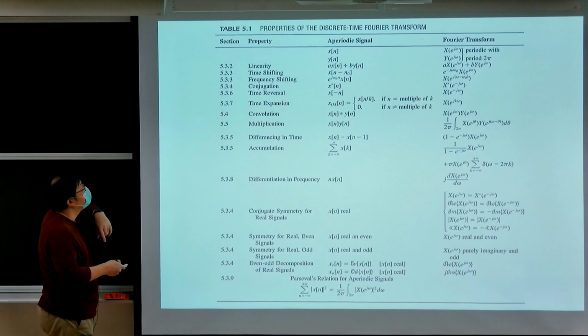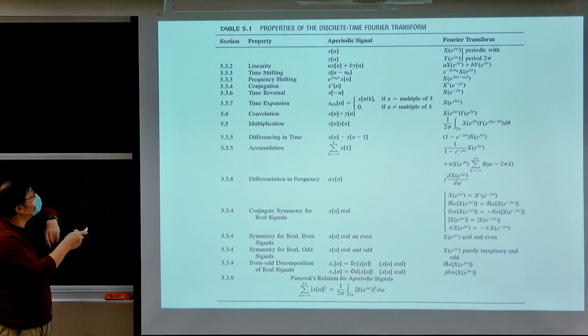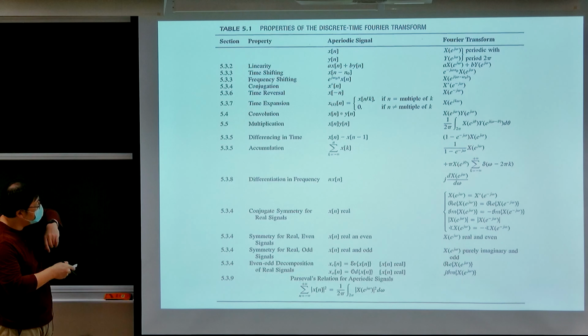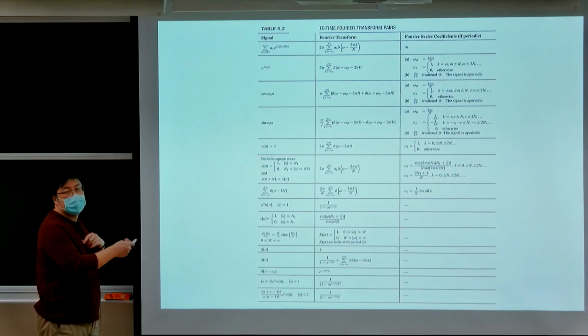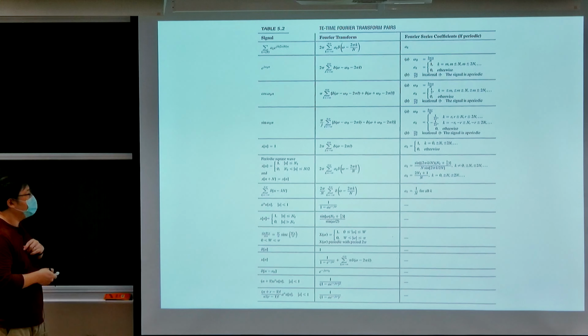We looked at several of them, such as linearity, time shifting, frequency shifting, conjugation, time reversal, time expansion, and so on and so forth. I think we've covered a big chunk of these, and this is just some common Fourier transform pairs that you can use.